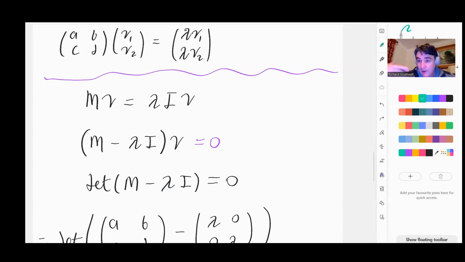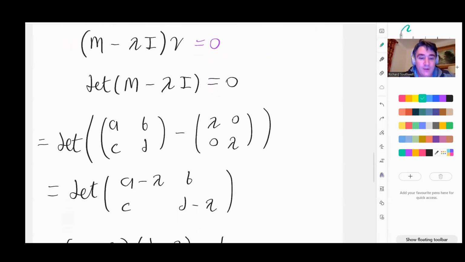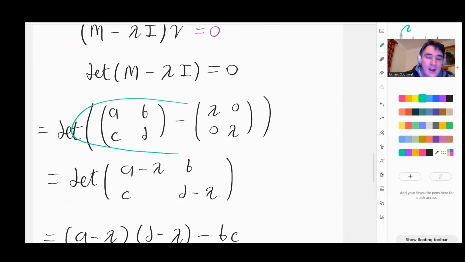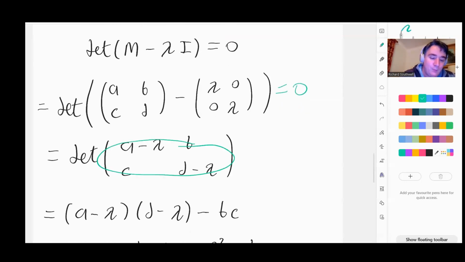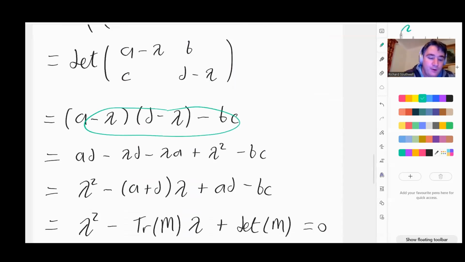That's called the characteristic polynomial of our matrix. So if we just write it all out, we find this form here. We want to solve this being equal to 0. Now let's compute this determinant. This times this, take away this times this. So this is the thing that we want to equal 0.